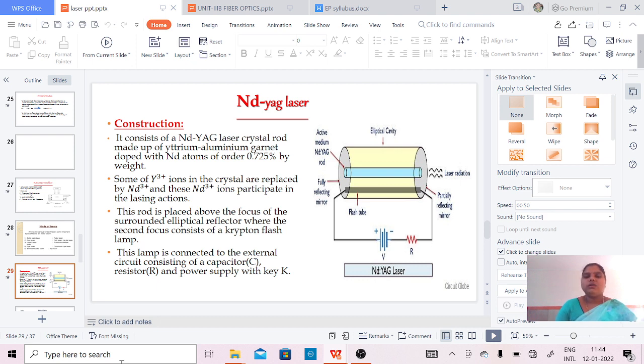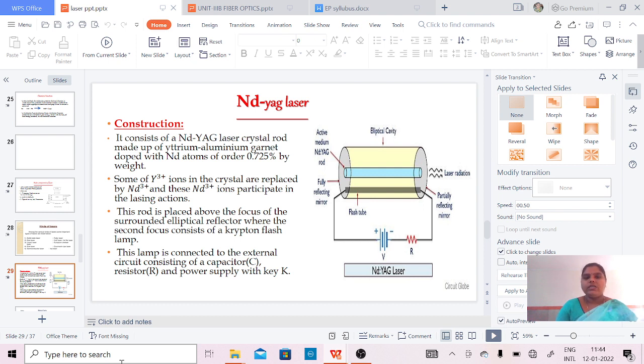Let us see the main components of the Nd:YAG laser. It consists of an Nd:YAG crystal rod made of yttrium aluminum garnet doped with Nd atoms of the order of 0.725% by weight.